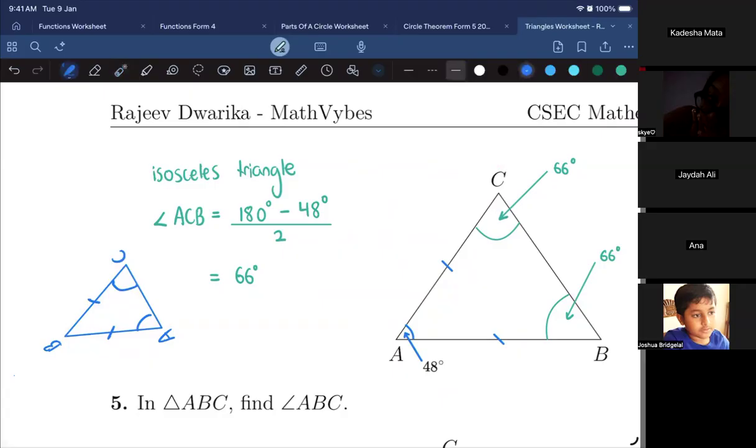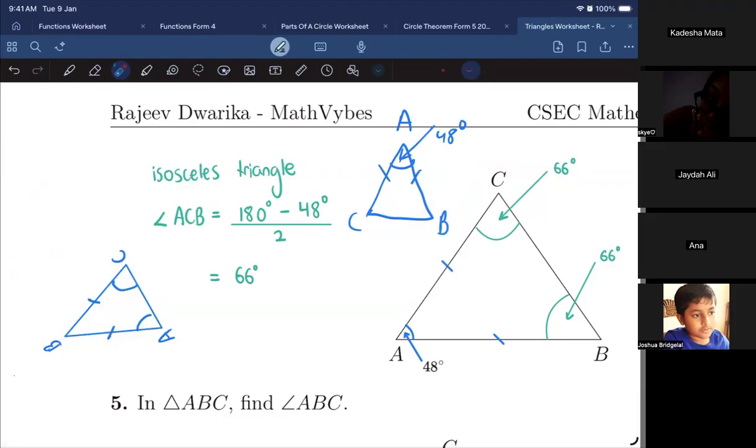I could also draw that diagram as A, C, B, and I think you'd be able to see it better now.